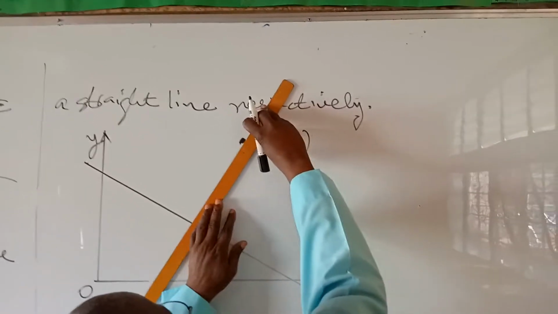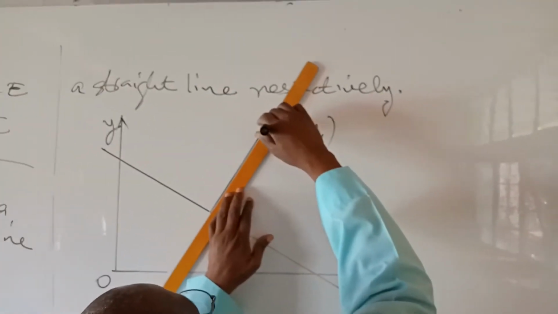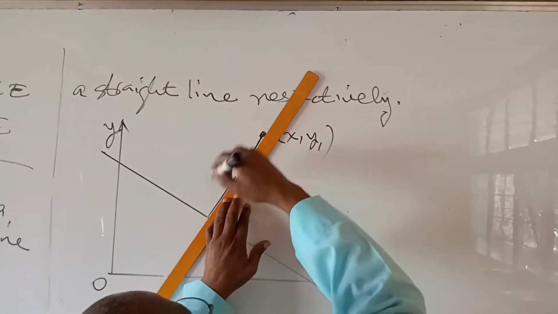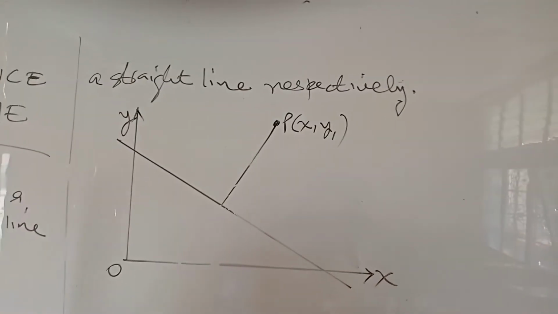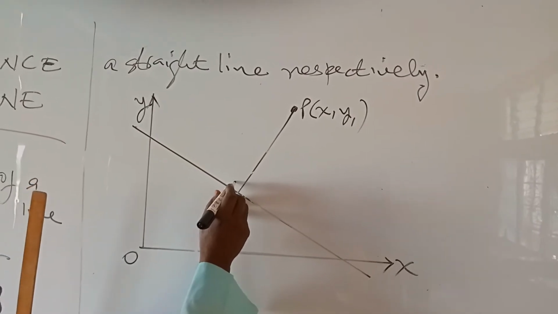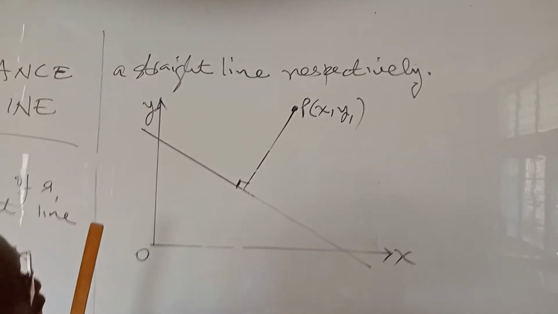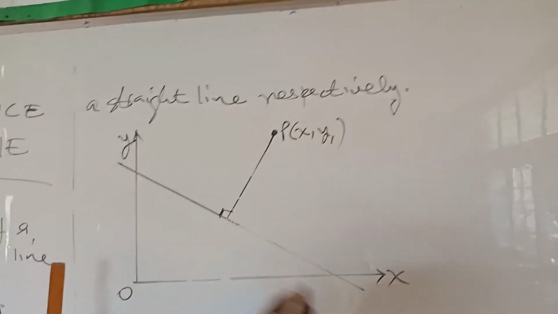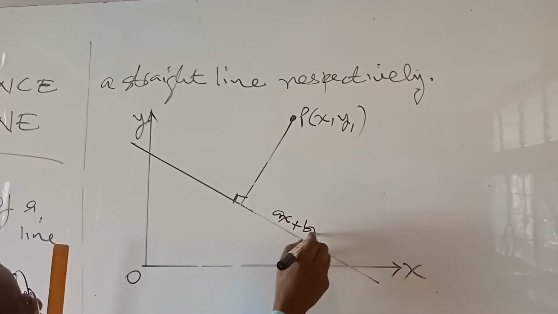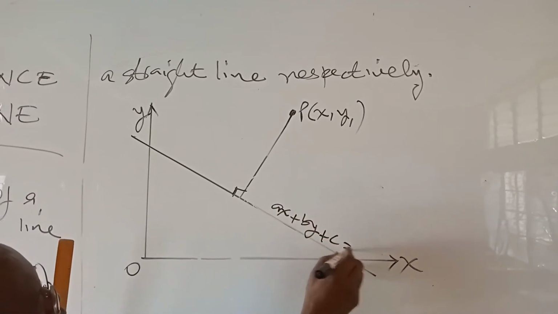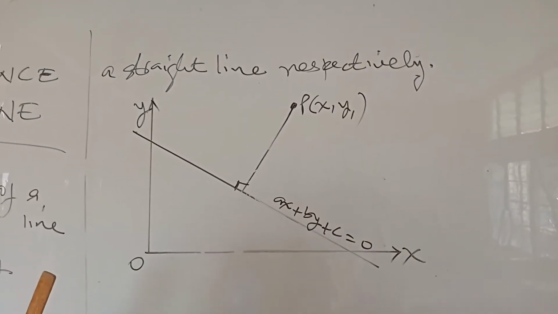So now this is at right angle here. So now the general equation of this very line is ax plus by plus c is equals to 0.